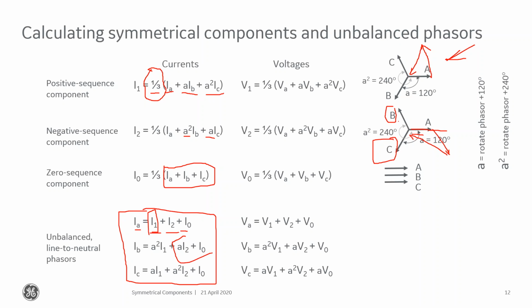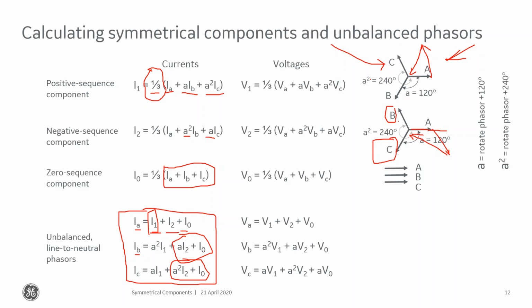For IB, we've only got I1, and it's shifted by 240 degrees, which would put it at minus 120, which is where we expect B to be. And IC is shifted by 120 degrees, which puts it at minus 240, which is where we expect it to be right here. Okay.